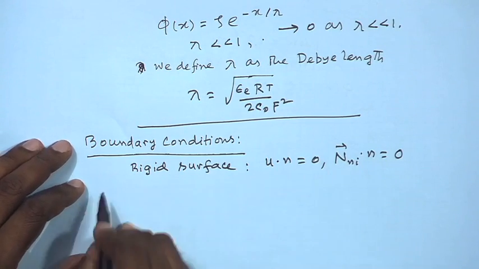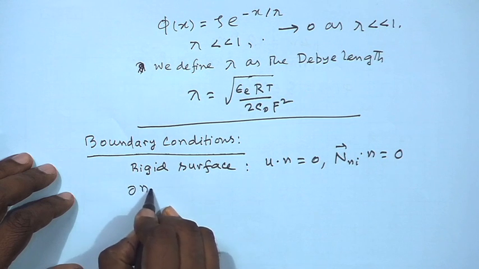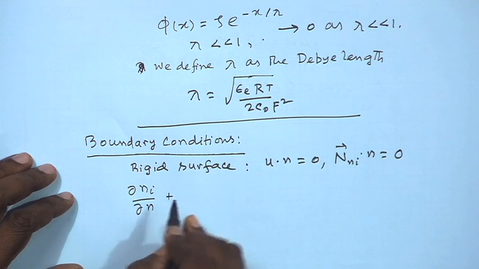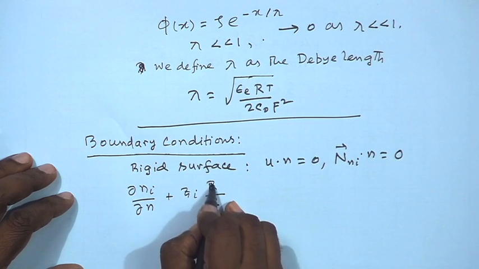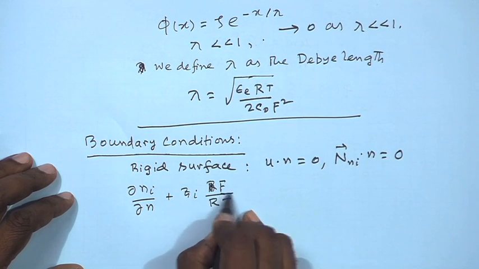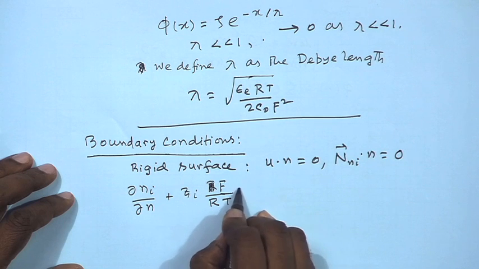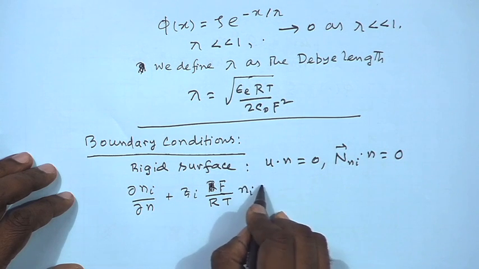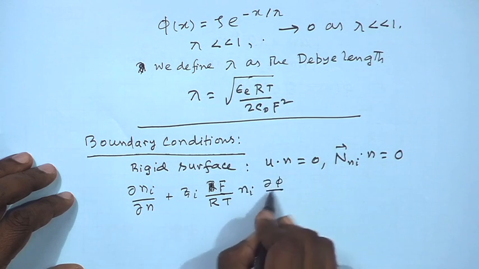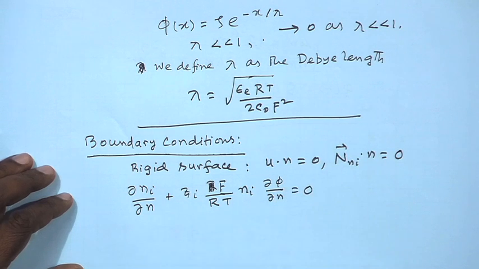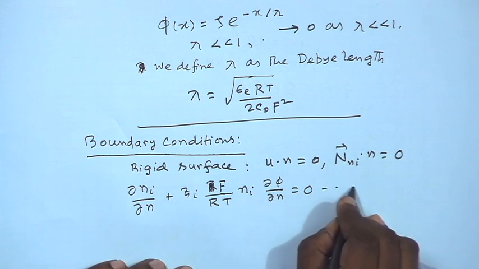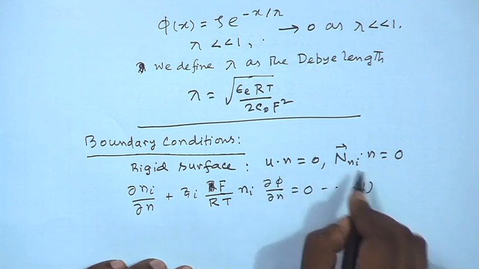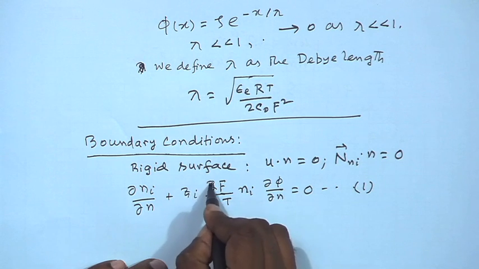This latter condition gives you del N_i del n plus z_i F by R T, sorry, this is F by R T, N_i del phi del n equal to 0. These are the two conditions, or combinedly I can write it as equation 1.